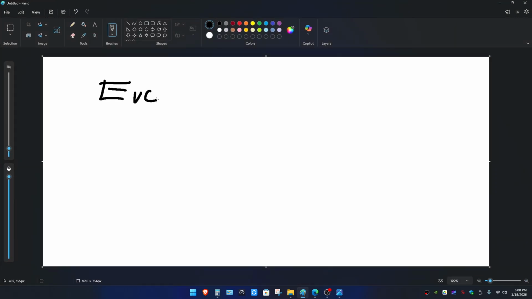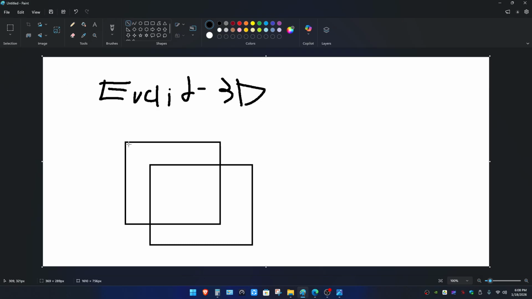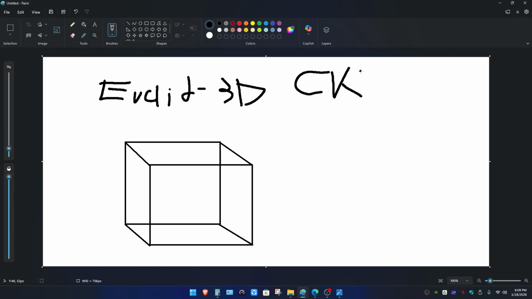Euclid 3D is basically just a measurement idea of measuring objects, and you can stack one object on top of another very easily, like you can place wood on top of wood, and more like that. But the CKDM is not the same.